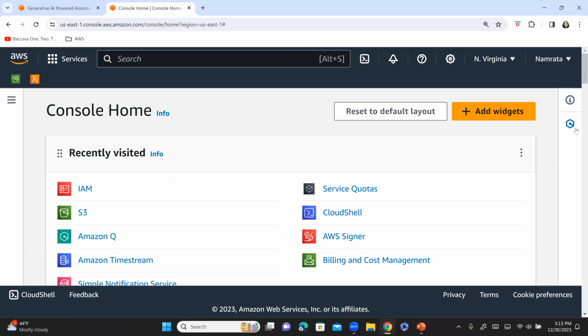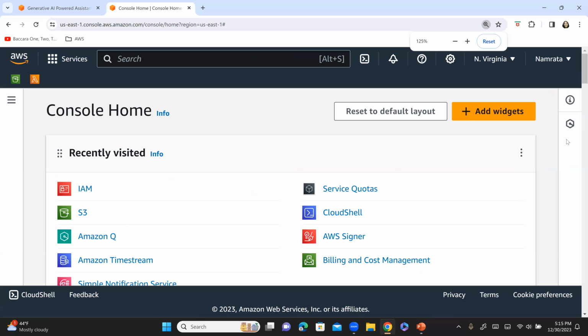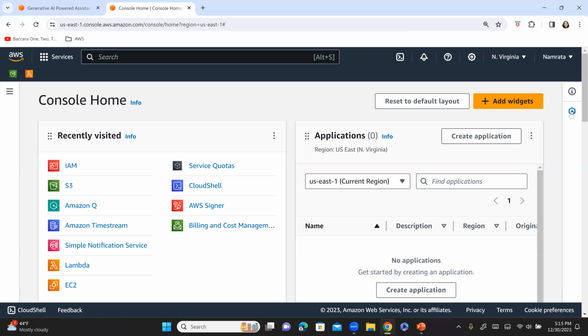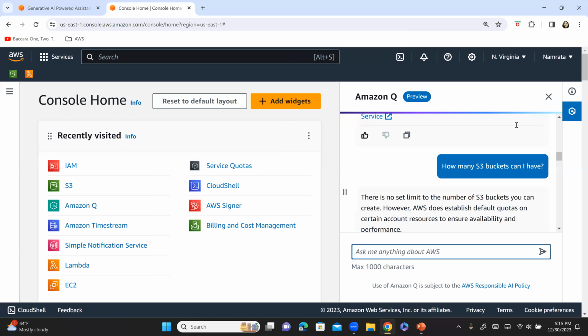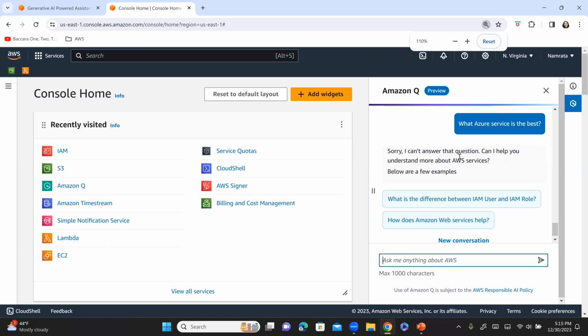This is the Amazon Q icon. If you click on this icon, that's where you will see Amazon Q in preview.